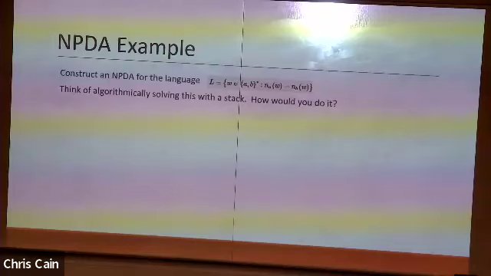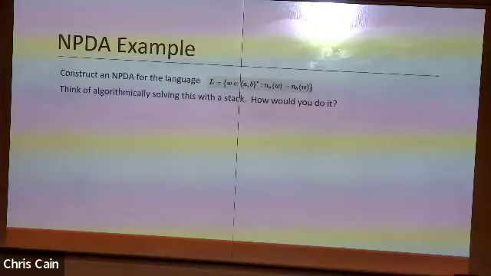But as long as at any point in the string, there were more A's than B's in the substring starting at the beginning and going up to that point, then you could always push an A. Whenever you see a B, you pop an A. And there would always be A's on the stack for you to do that. And if at the end of the string you peeked at the top of the stack and there was an A there, then you knew that you'd seen more A's than B's.